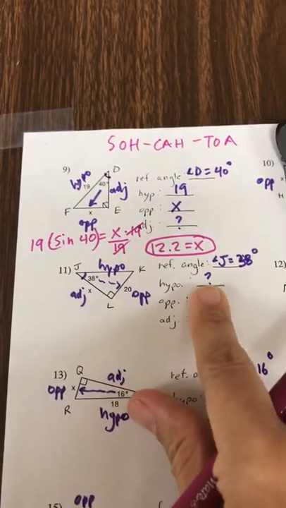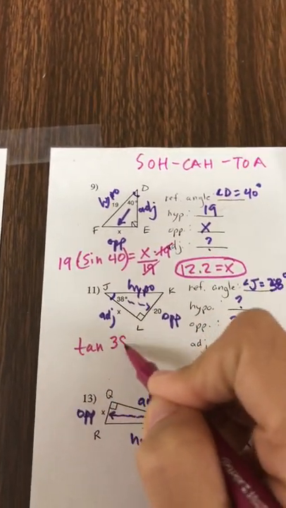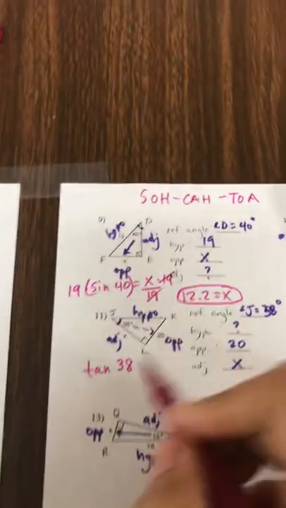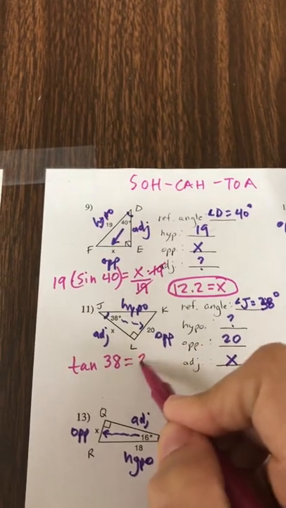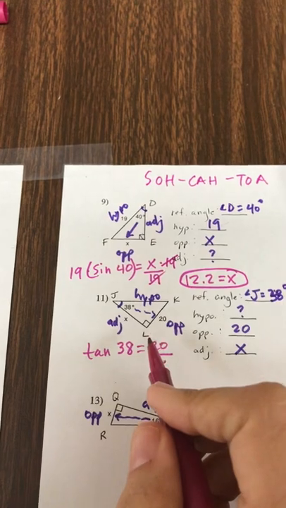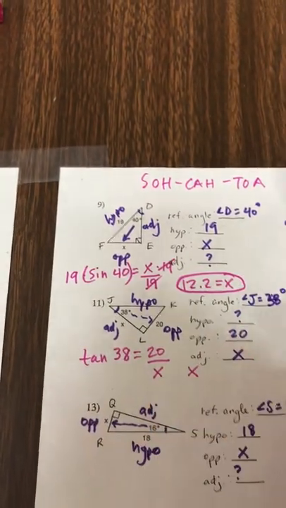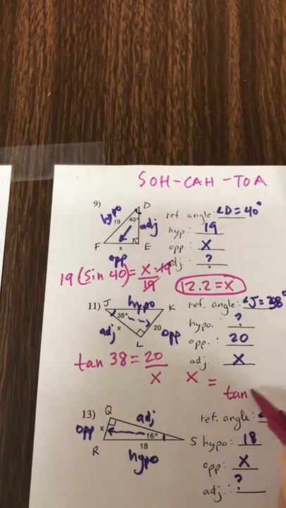Next one, I'm missing a hypotenuse, so that's tangent. So the tangent of 38 is opposite over adjacent. So opposite is 20, adjacent is x. This is one of the hard ones. So I'm going to rewrite it with x here and the tangent of 38 down here.